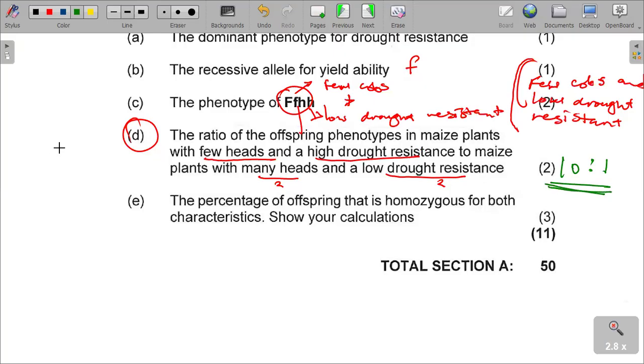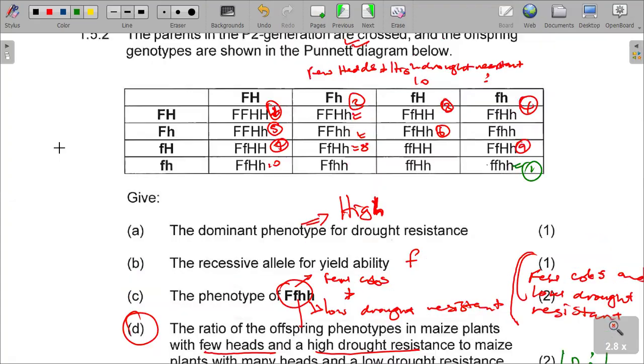It is referred to the Punnett square that has got the outcomes here, which is going to be many heads and low drought resistant. Then we can have that one.